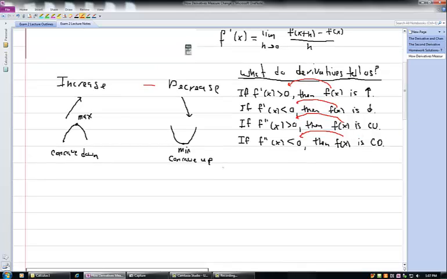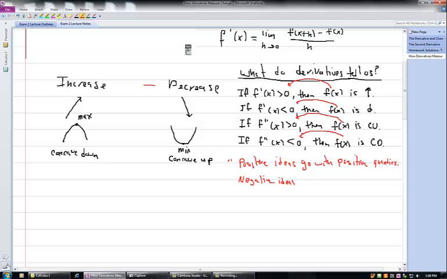You just remember this little saying, positive ideas go with positive quantities, and negative ideas go with negative quantities.